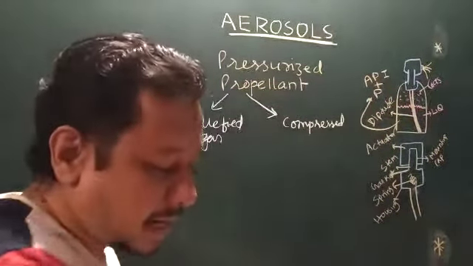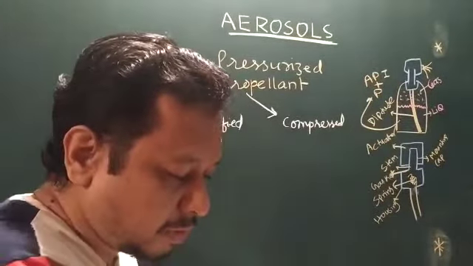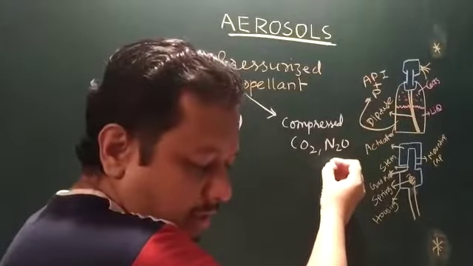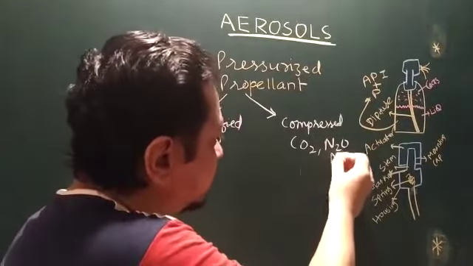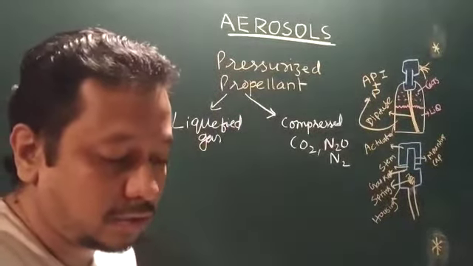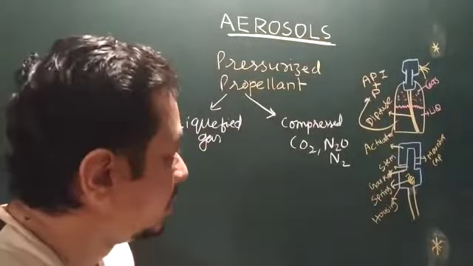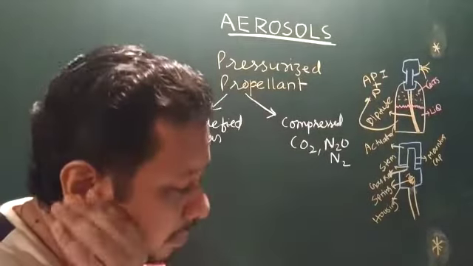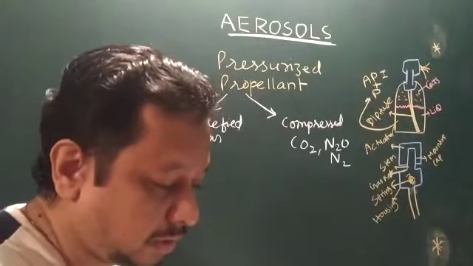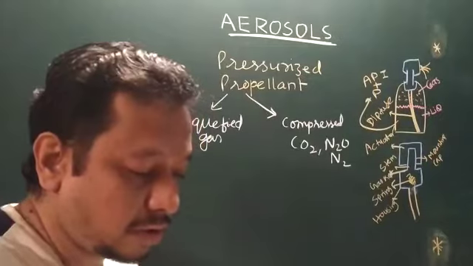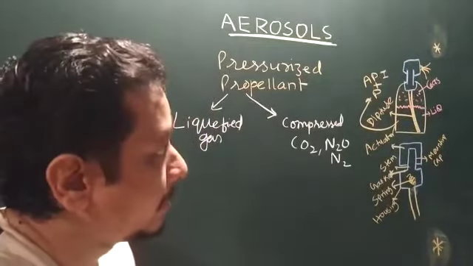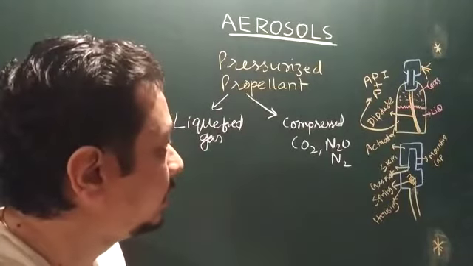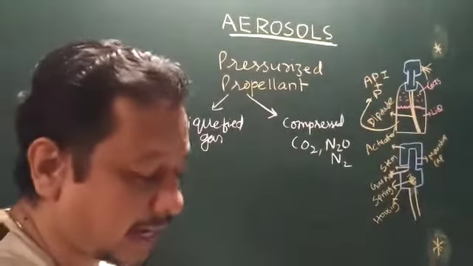In compressed gas, examples are carbon dioxide, nitrous oxide, and also nitrogen. These are the compressed gases, usually very famous. But liquefied gases have a very important advantage in aerosols because they create a good amount of pressure, and they have a wider range of solubility compared to compressed gas.